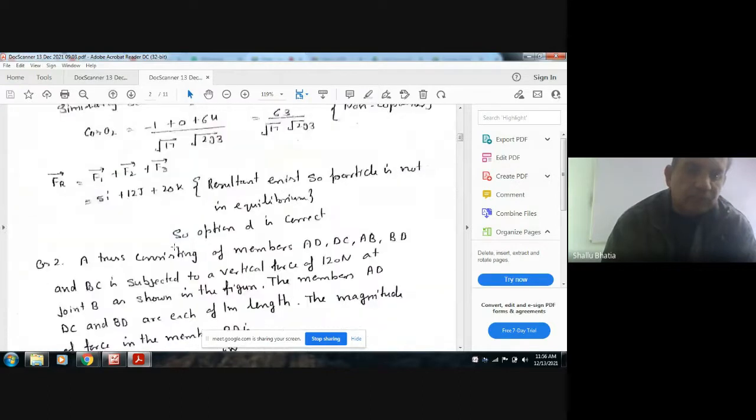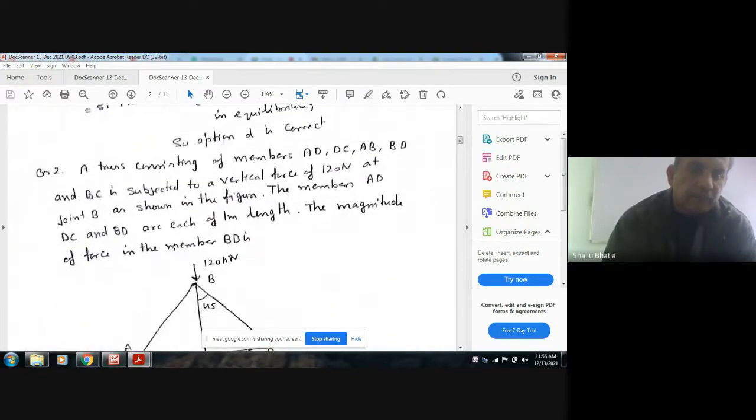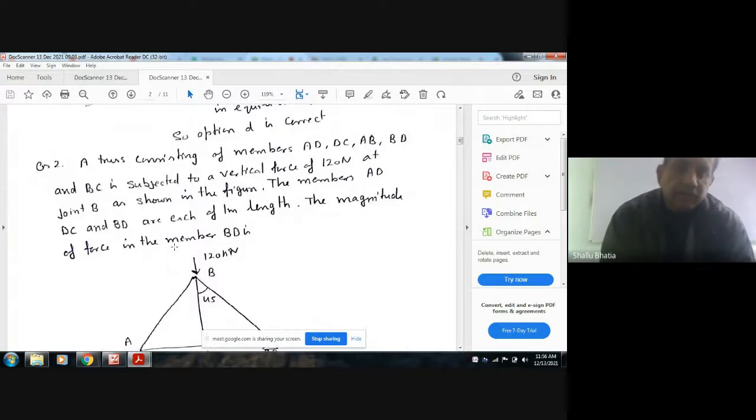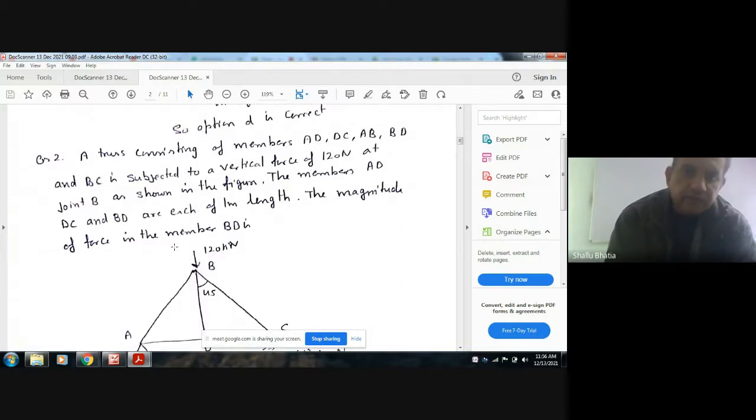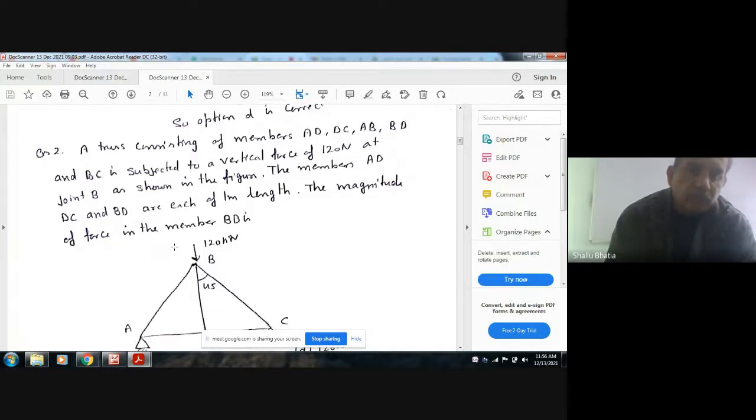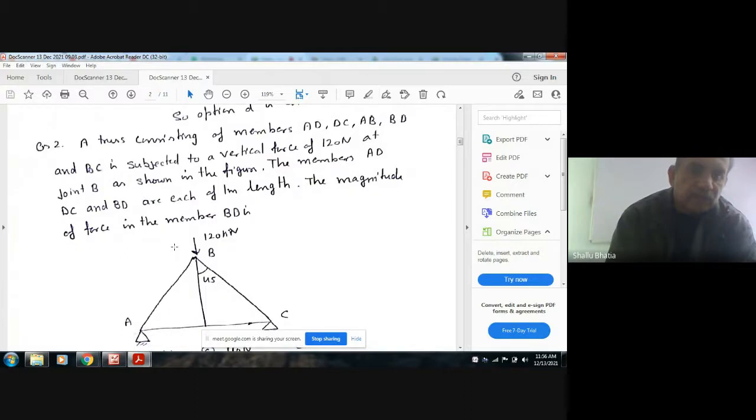Okay. Next, a truss consisting of members AD, DC, AB, BD, and BC is subjected to a vertical force of 120 Newton at joint B, as shown in the figure.